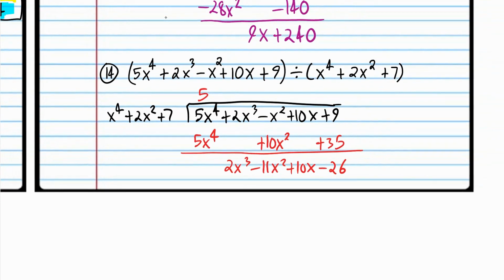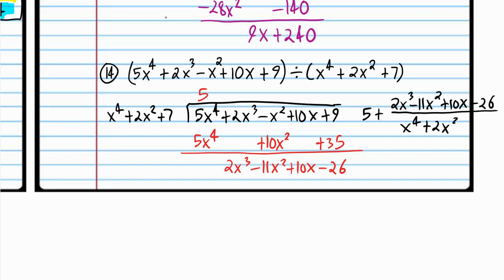And very important to understand that the degree in the remainder is smaller than the degree in the divisor, which means that we're done. So the answer is 5 plus the remainder divided by the divisor.